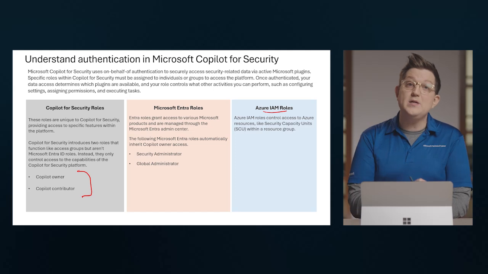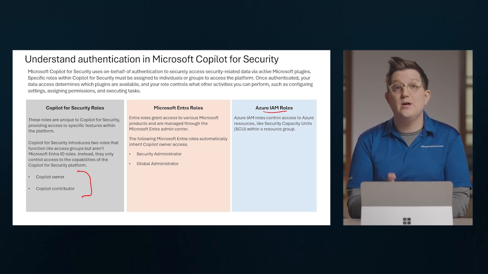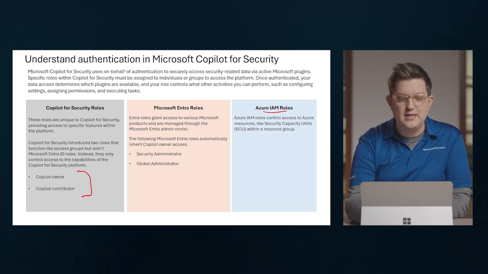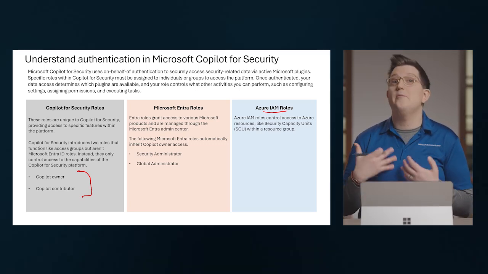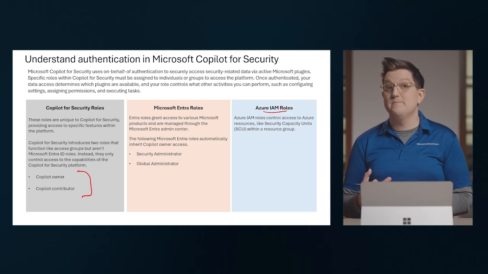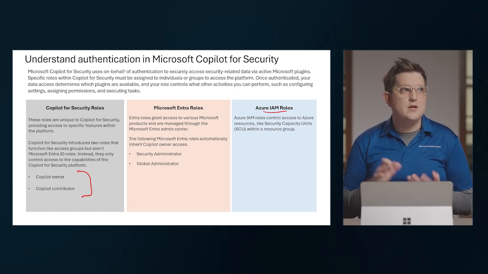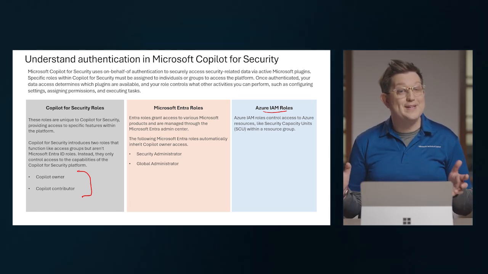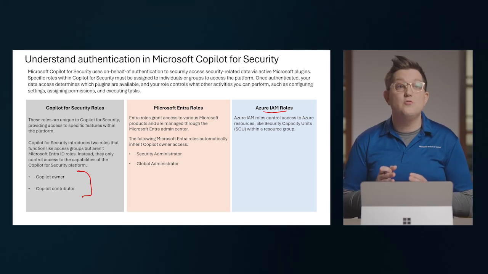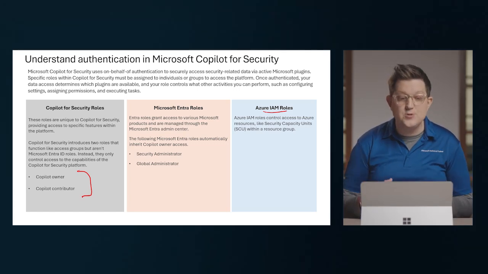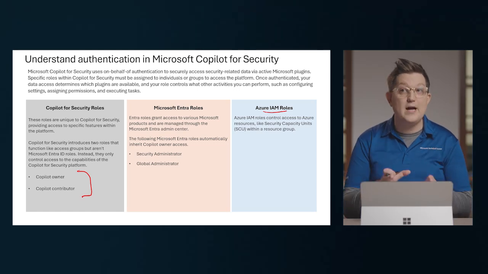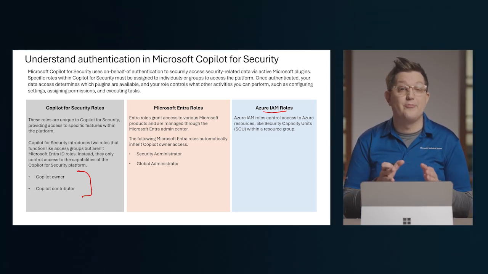So again, we are going to need either a global administrator on the Microsoft Entra side, or more likely, an owner or contributor that has permissions to a resource group to be able to deploy those SCUs. For some organizations, this may be the same person for all 3. For many organizations, this will be different teams. So you'll need to coordinate to get this initial provisioning done and make sure the right people have the right roles at the right time.